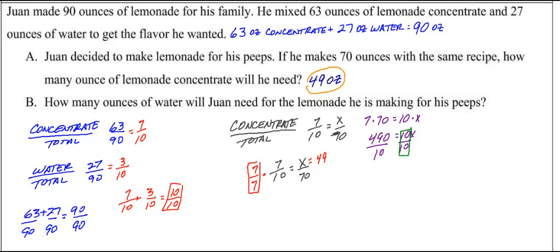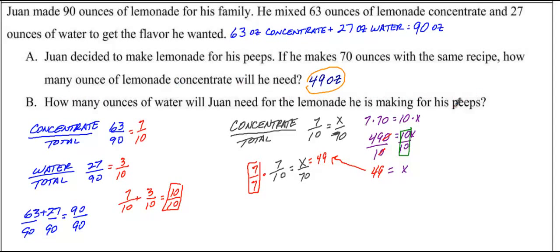It gives us the big 1. 10x divided by 10 is x. 10 into 490, the way that you want to do this is, if you have a 0 on top and a 0 on the bottom, cancel them out. 49 divided by 1 is 49. Same answer both ways.